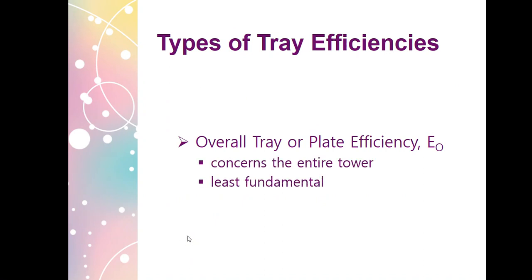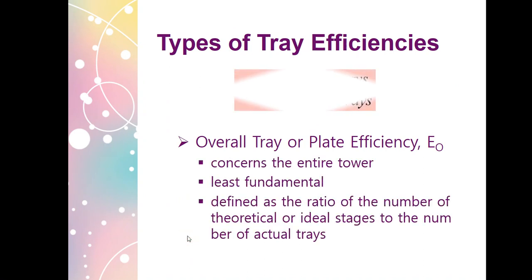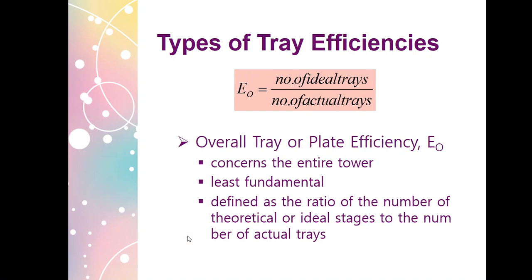Now, how do we determine the efficiency of our distilling column? So we have the crudest way of determining the efficiency, and that's the overall tray or plate efficiency, the E sub O. We simply take the ratio of the number of ideal trays to the actual trays that was used. The number of ideal trays is actually the theoretical number of trays computed, whereas the number of the actual trays, of course, is the one that is followed in the design.